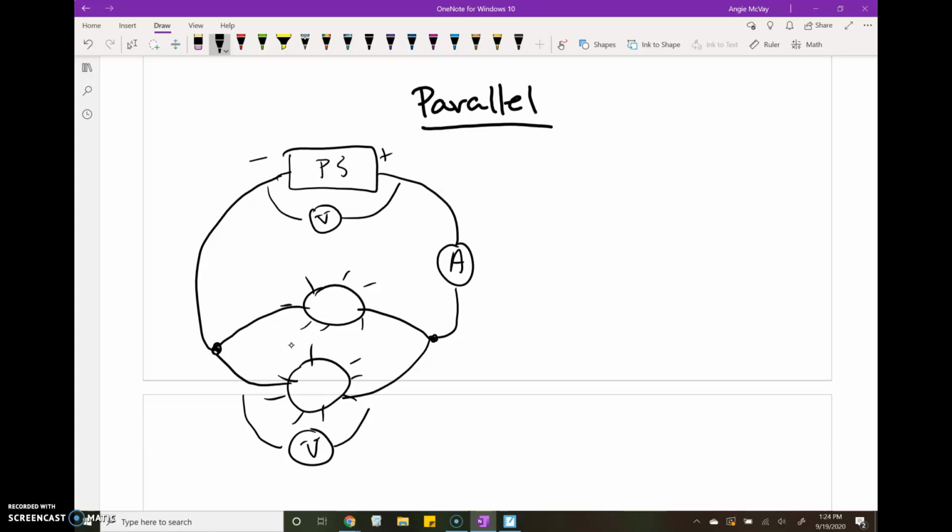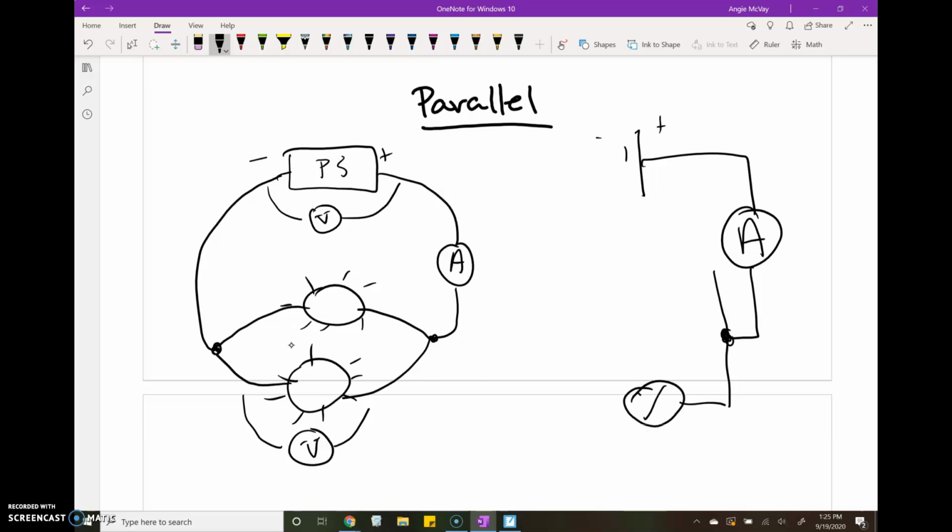Okay, so if we were to draw this in a circuit diagram, this side's negative, this side's positive, it'd be squared off, and I actually want to draw my ammeter here, and then I would make a junction, that's supposed to be a dot, and then I would have my light bulb here, and a light bulb here.